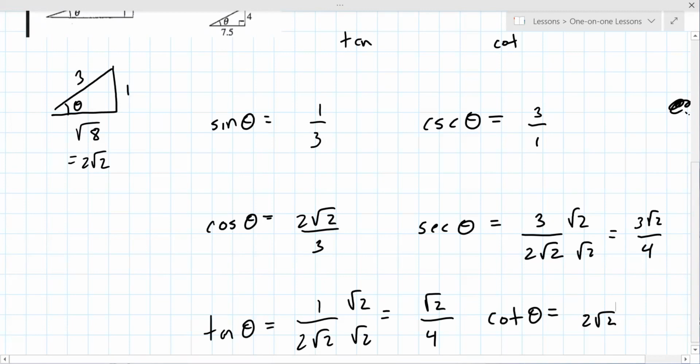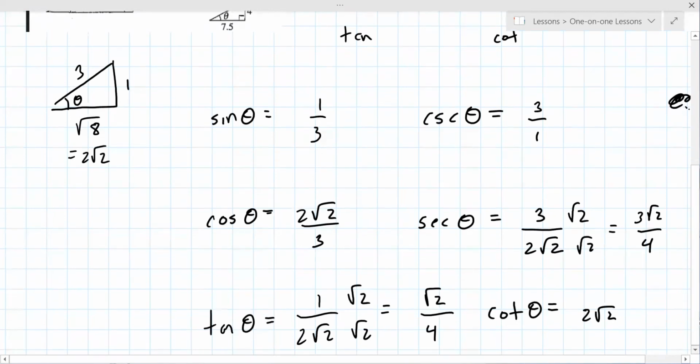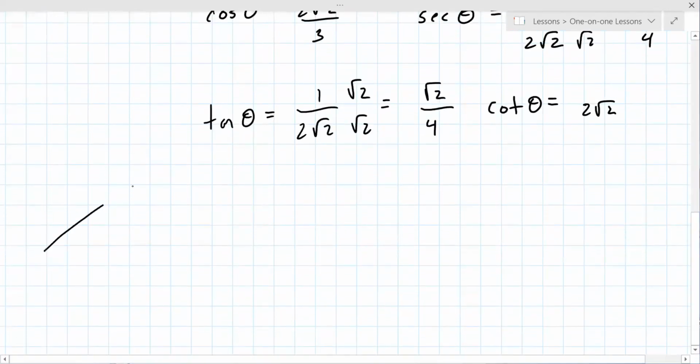Now, the next one, the triangle here, you're going to notice something pretty quickly, but we'll nevertheless do this. This is the square root of 32, which is 4 square root 2.